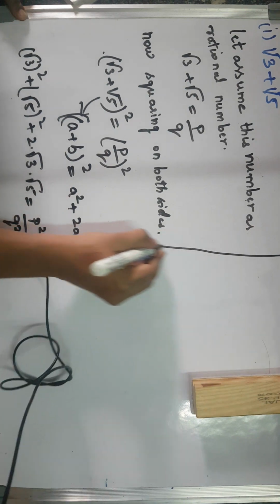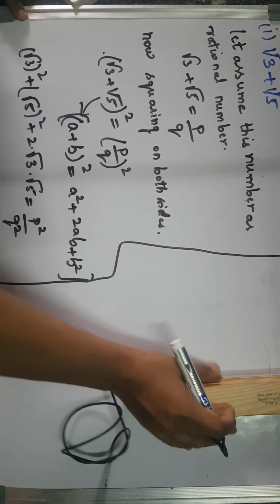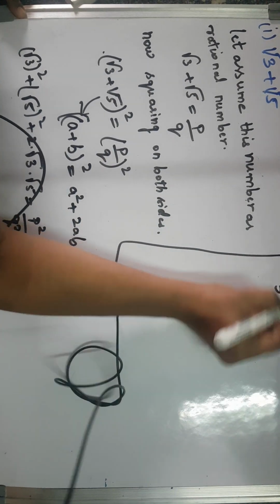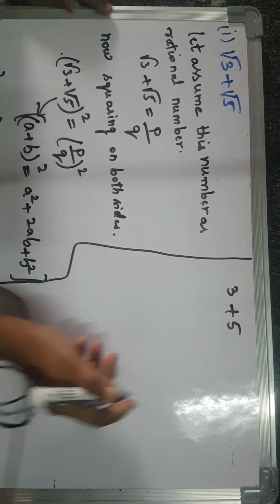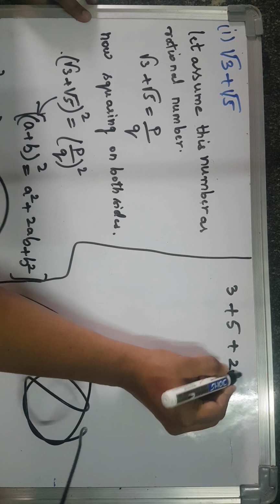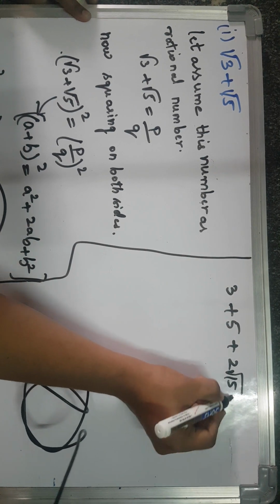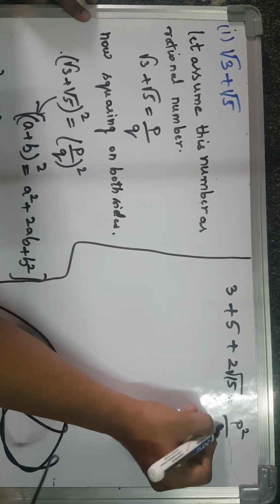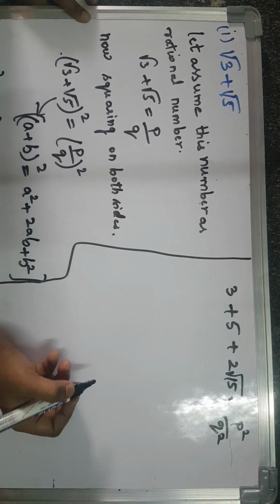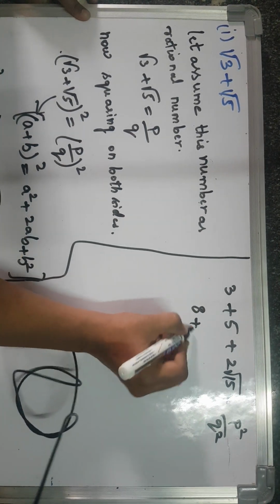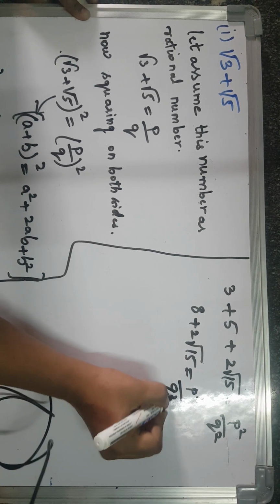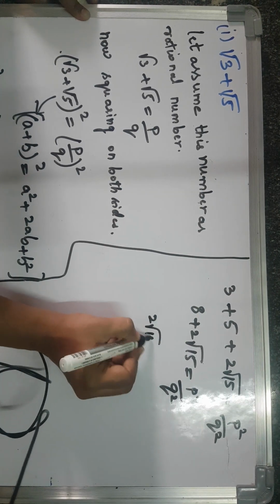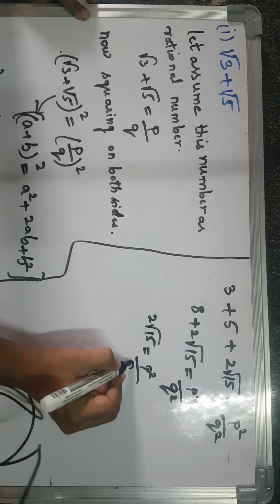Now let us continue. Root 3 square is 3, plus root 5 square is 5, plus 2 root 3 into root 5, which is root 15, equals p square by q square. Here this becomes 8 plus 2 root 15 equals p square by q square.